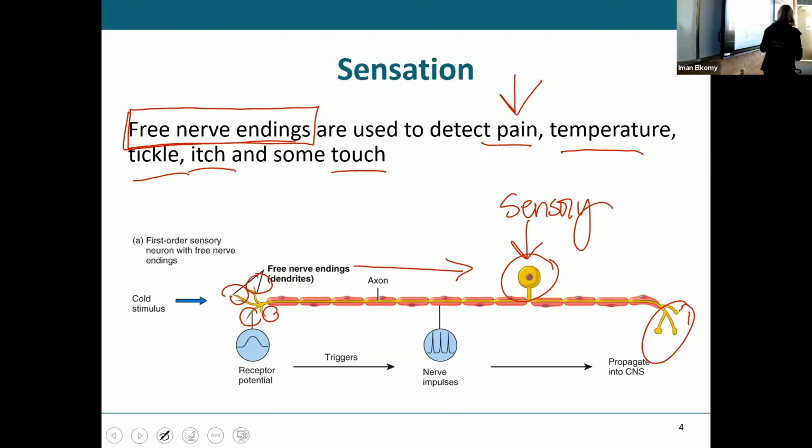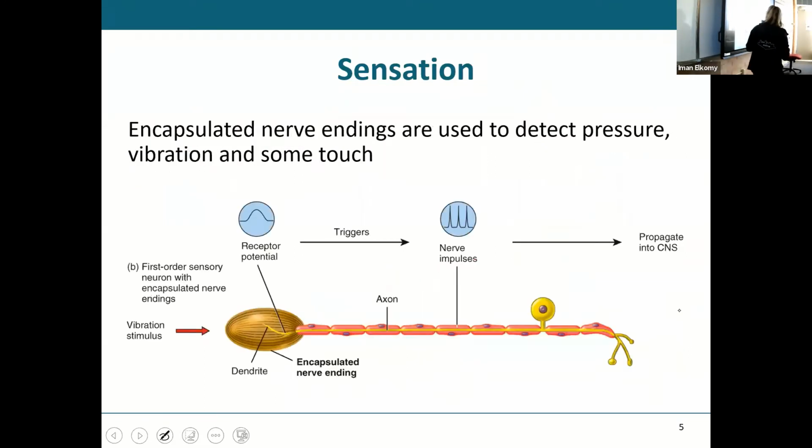Over here, we may also have an encapsulated nerve ending. So here you have your nerve ending, but there is a special structure in yellow here that surrounds that nerve ending so that it either amplifies or gives it a special way of sensing things. These are encapsulated nerve endings, and they are going to detect things like pressure, vibration, and some forms of touch.